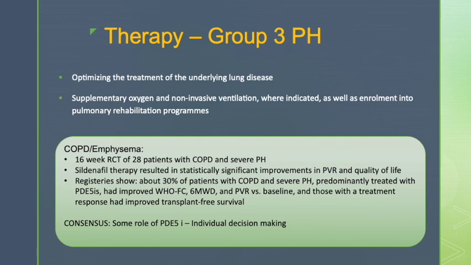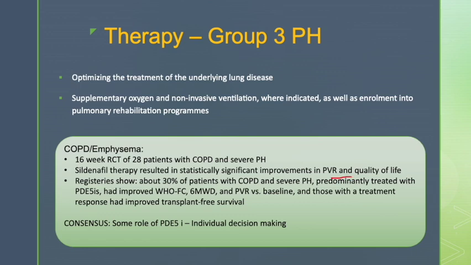In cases with COPD and emphysema, amongst various trials done, one very prominent trial was a 16-week randomized controlled trial in severe pulmonary hypertension, where sildenafil was used, and sildenafil therapy showed significant improvements in pulmonary vascular resistance and quality of life.